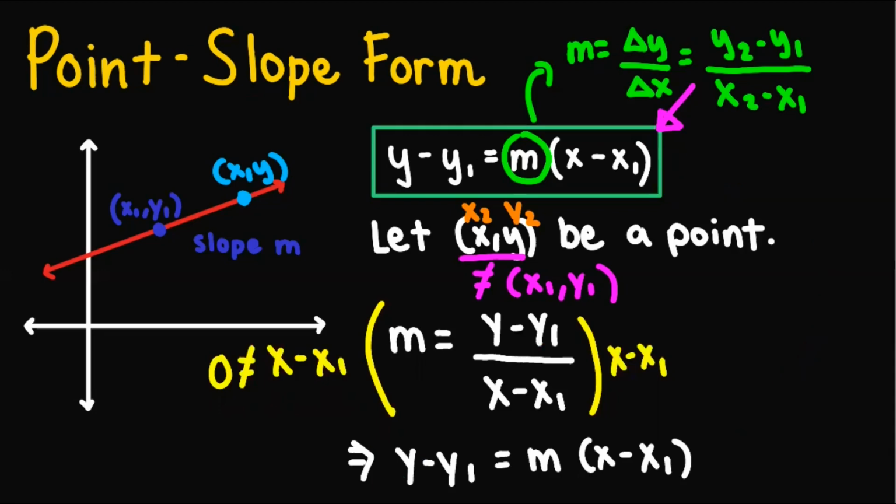Therefore, we have finished deriving the point-slope form of a line. Now, you may write this one out here in your notes, as this will be important to remember in our examples later on.